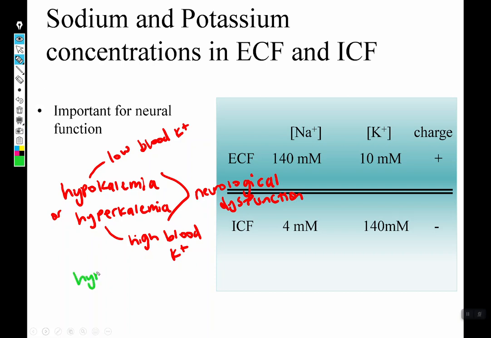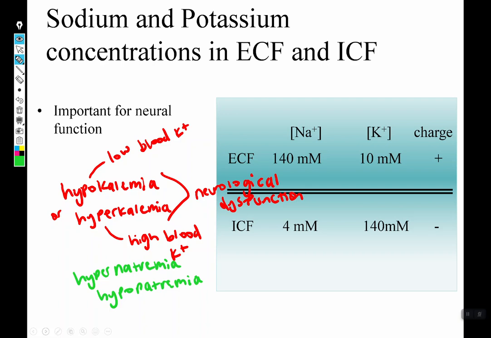So hypernatremia or hyponatremia, which are high or low blood sodium levels.